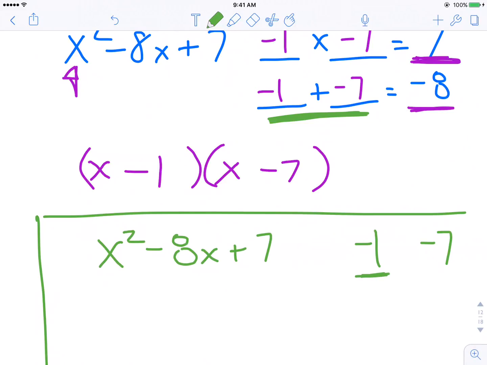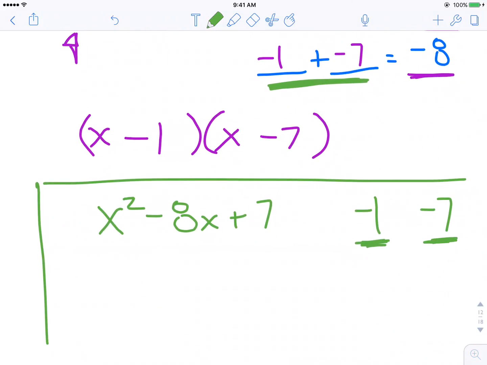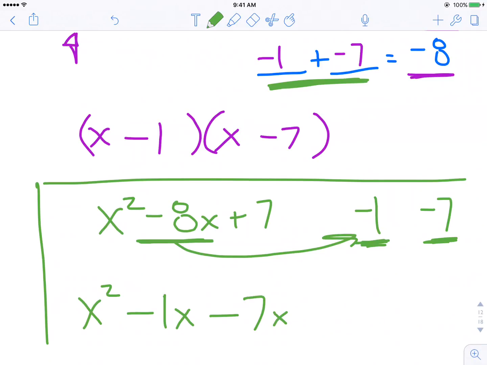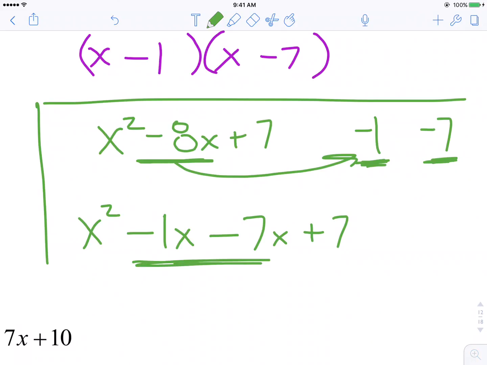Then my next step, not that you have to do it right here, but eventually we're going to have to when we see different questions, is to change or decompose this middle term into those two numbers. So this becomes x squared minus 1x, I don't have to write the 1, but I did, minus 7x plus 7. So you can see how these would combine to give you your negative 8 anyway.